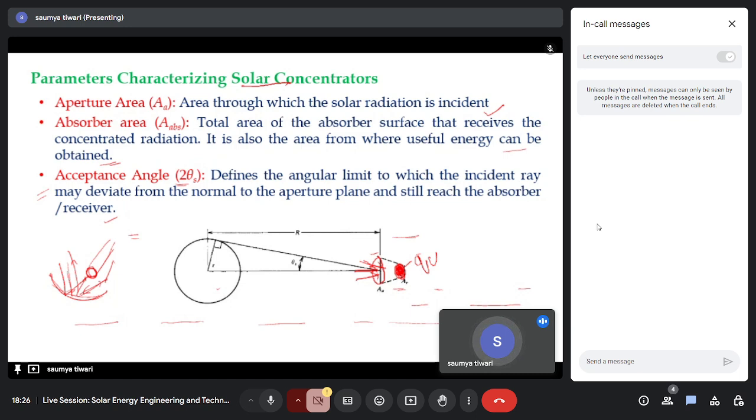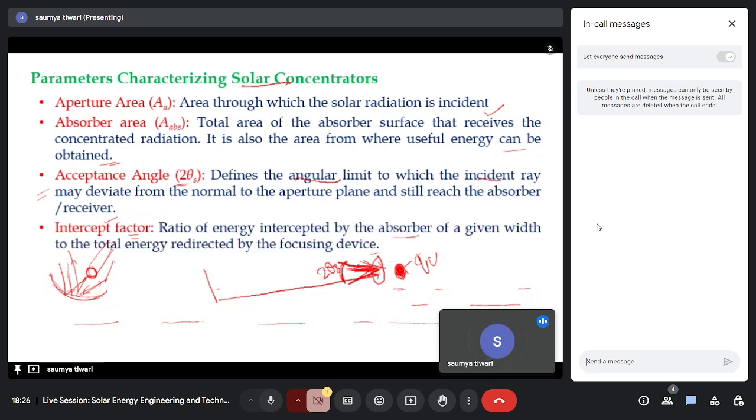So the angular limit to which the incident ray may deviate from the normal to the aperture plane and still reach the absorber or receiver, that angle is known as acceptance angle. So I will say this is your 2 theta, this is your acceptance angle.